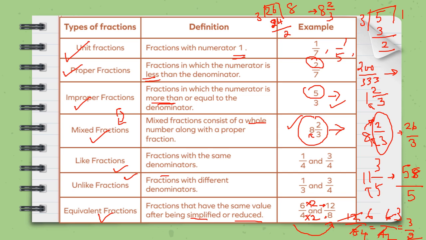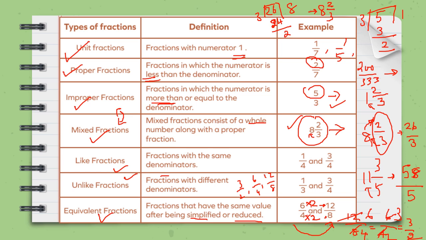Or in other words, 3 by 2, 6 by 4 and 12 by 8 are all equivalent fractions. So when you simplify or reduce, you should get the other fractions, and then you can call them equivalent fractions.